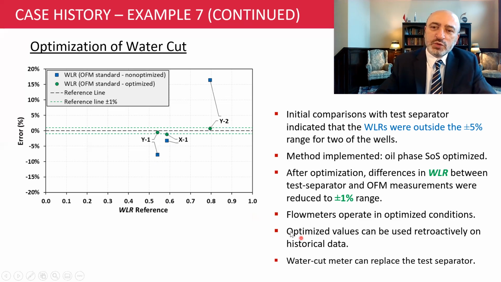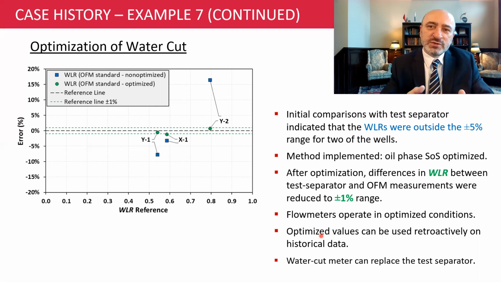One of the advantages of the optimization process is that it is possible to use the optimized values retroactively on historical data. Because the main measurements from the optical flow meter are velocity, speed of sound, pressure, and temperature. Those are good measurements and have nothing to do with the optimization process.